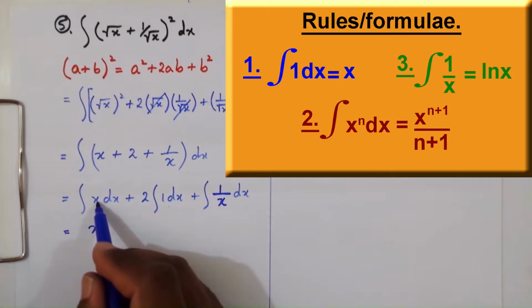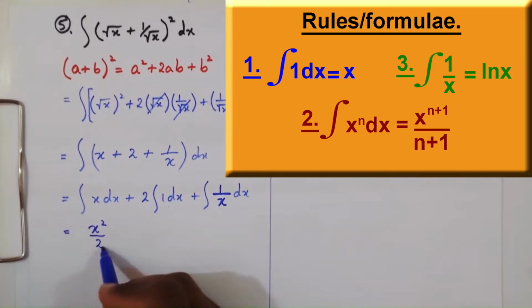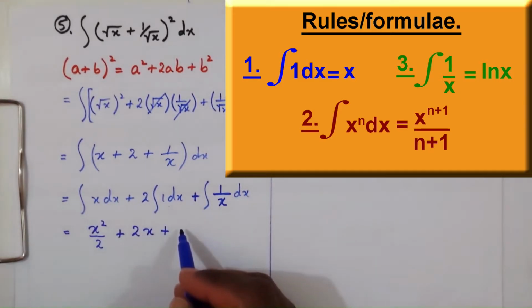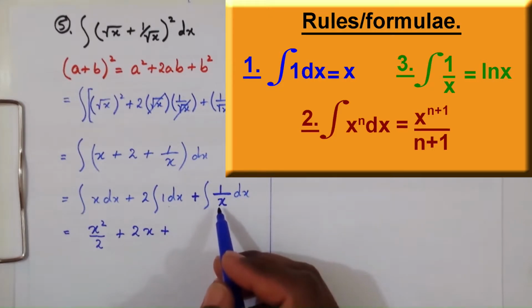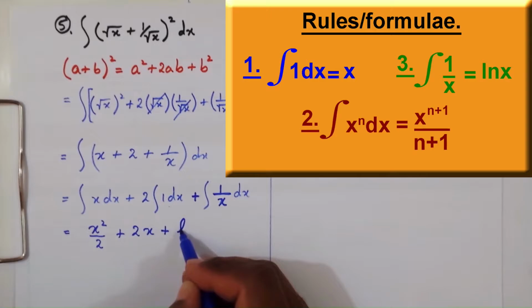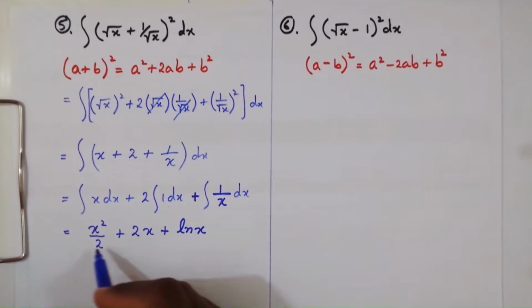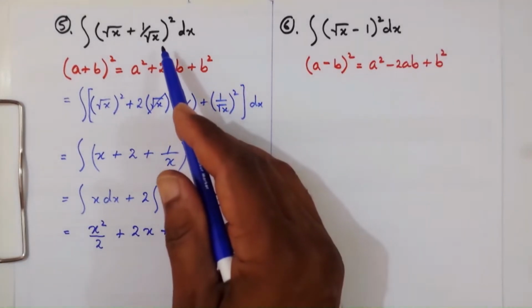Here its integration is x square by 2. Integration of 1 is x. Here if you remember which function has derivative 1 by x, the function natural log of x has derivative 1 by x. So here its integration will be natural log of x. This is the integration of the given question.